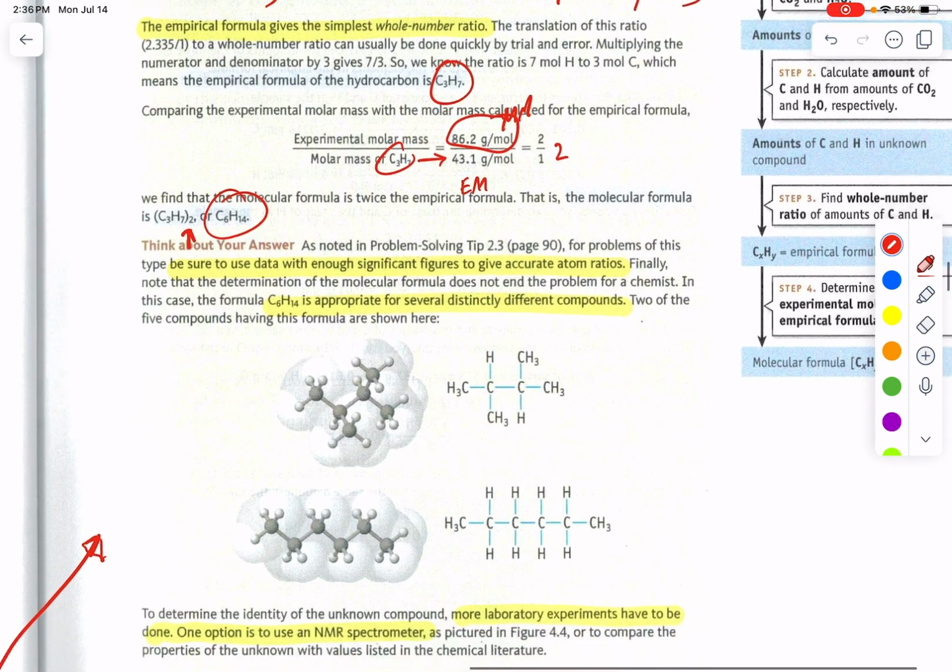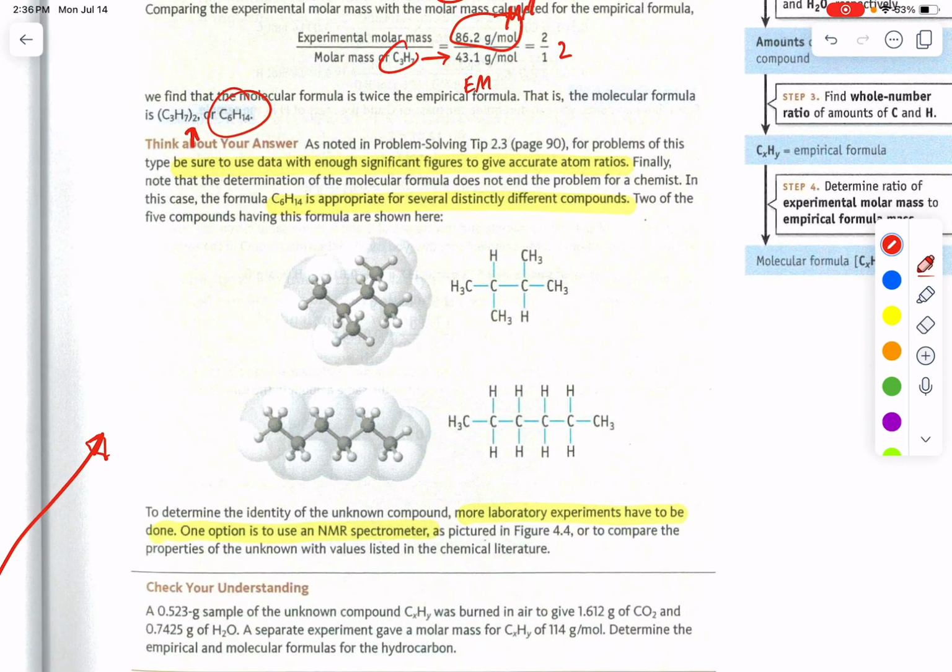Now at this point, there are a number of different ways that we could take 6 carbons and 14 hydrogens and construct a molecule obeying all the rules that carbon has 4 bonds and hydrogen has 1 bond, and that we have 6 carbons and 14 hydrogens. 2 of those isomers are right here and right here. So we'd have to do some more laboratory tests to find out which one of these particular substances we actually have.